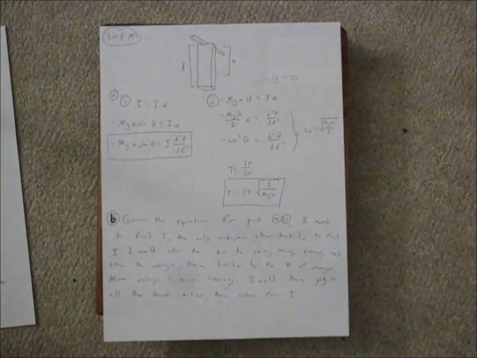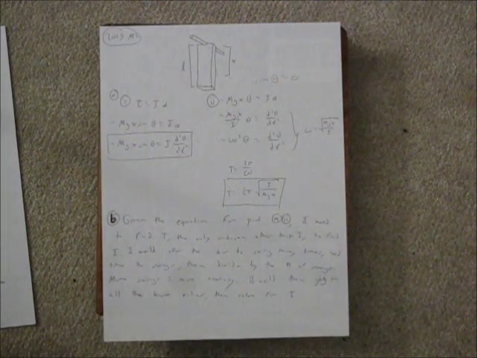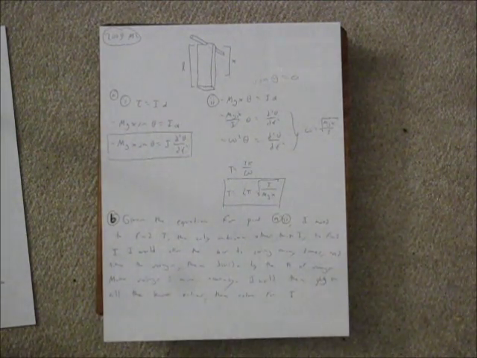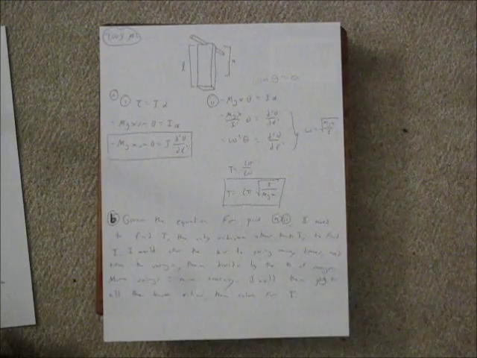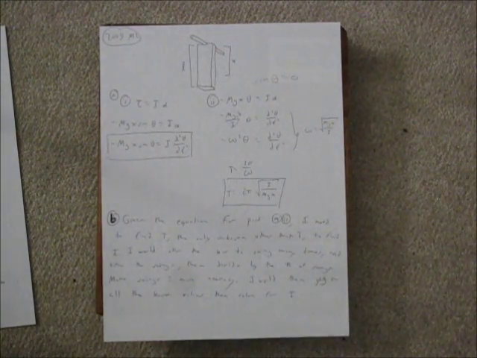It's asking us to describe an experiment which we would use to determine the moment of inertia. And we also have to account for experimental error. We basically have to minimize it as much as we can.